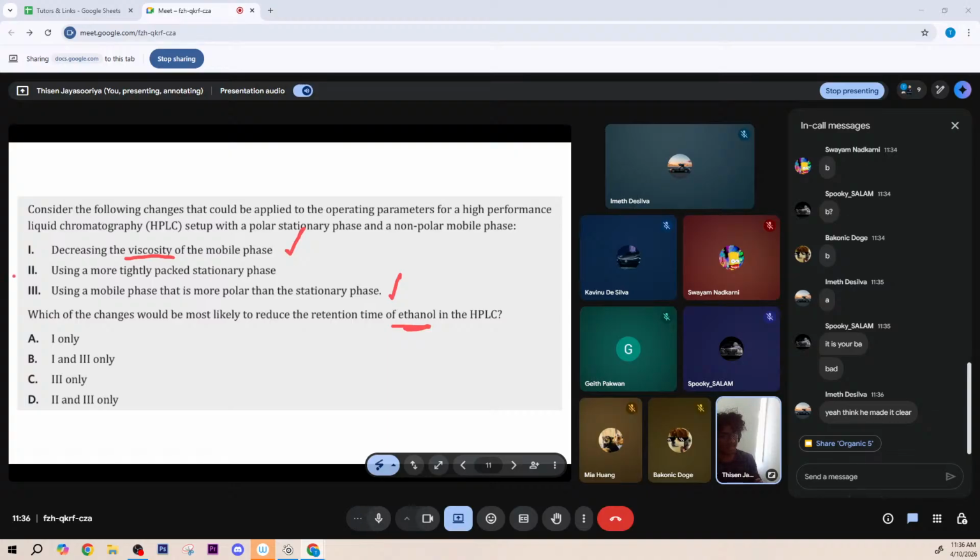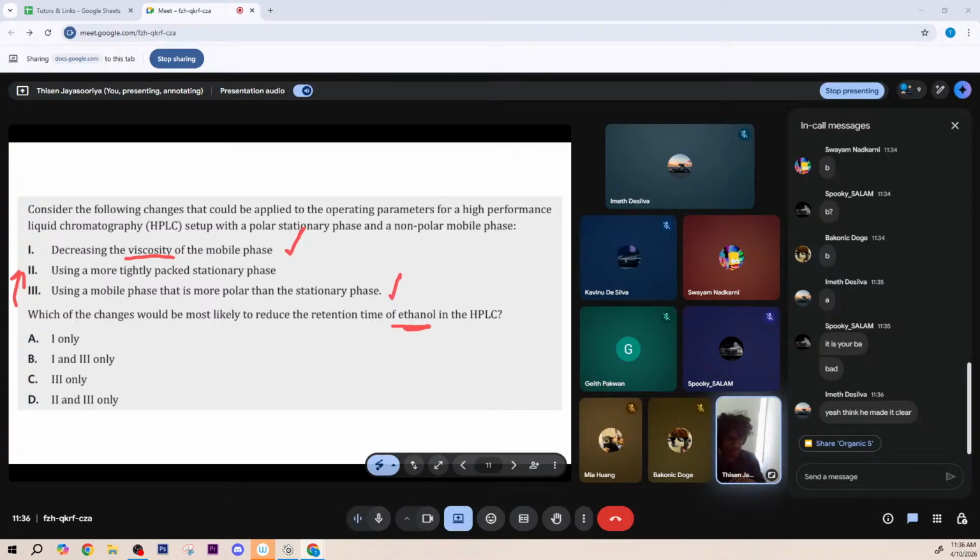And here, if we use a more tightly packed one, Swayam, I'll ask you, why would that not reduce the retention time? Yep, I can hear. Is it because it has a greater surface area?